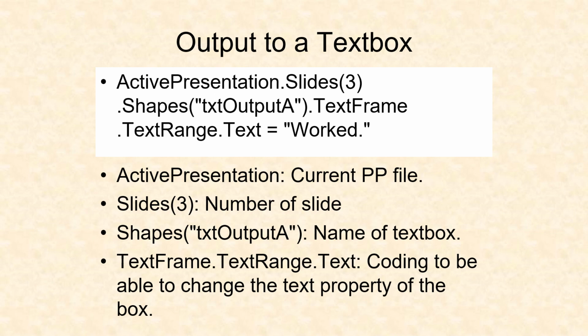So all you have to do, between the Sub and End Sub, is type this line of code, replacing the number 3 after Slides with whatever slide you're on and referring to, and in the name of the shape, make sure it's the actual name of the shape that you have named. That's your text box. And where I said "word" in quotations, that's going to be whatever text you want to put into that text box.